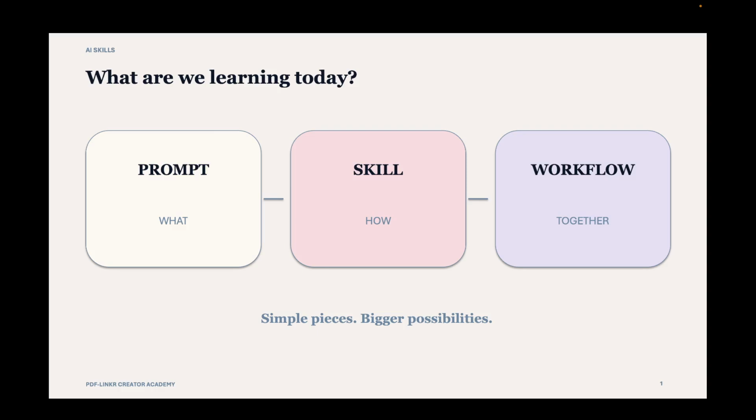A skill is a file that you upload to your chat that tells it how to do that. Now the workflow is when we combine skills together and it does things based on those rules.